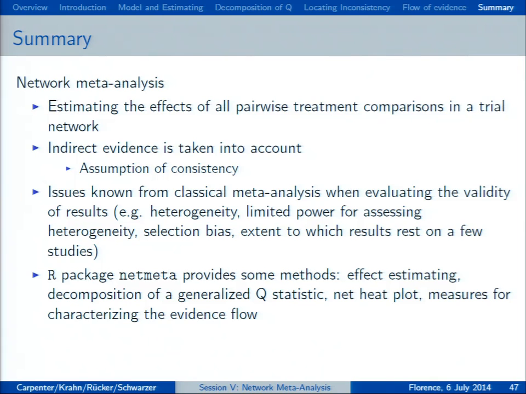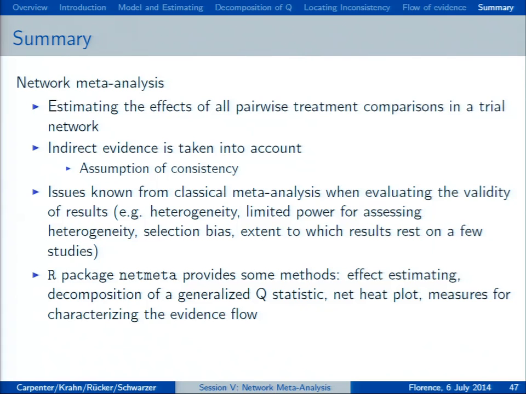We want to analyze the heterogeneity, and here the further aspect of heterogeneity, the consistency in the network. There might be limited power for assessing heterogeneity if we have a small number of paths in this network. There might be selection bias, and it's interesting to which extent results rest on a few studies.